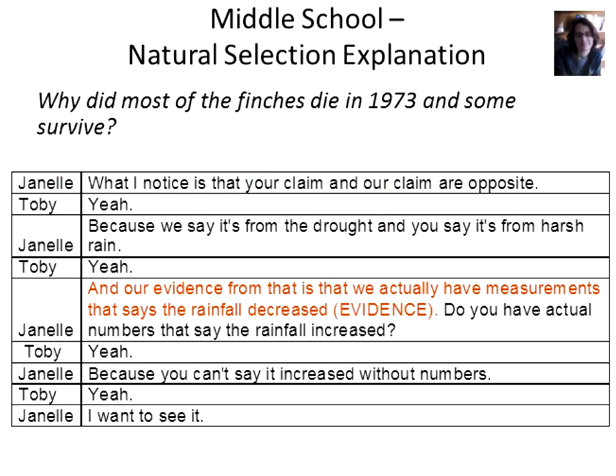Okay. Well, while she is doing that, I will explain her example, though I probably won't do it quite as well as she would. So this is another middle school example. This is from a unit that's focused on natural selection. And the question the students are answering is, why did most of the finches die in 1973 and some survive?